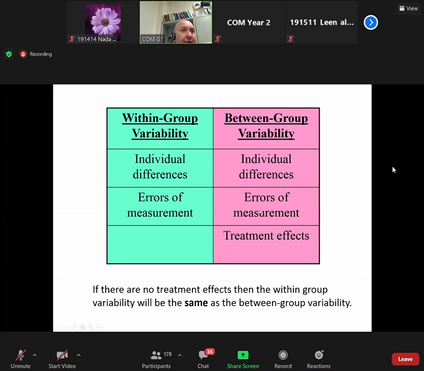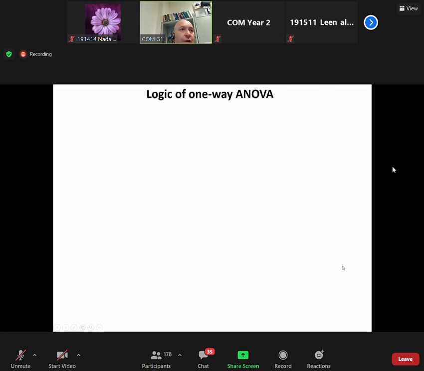If we're looking at these two estimates of variance, if the null hypothesis is true, that is treatment effects are 0, then these two estimates should agree with each other. We get these estimates in different ways, so I'm going to run through this.